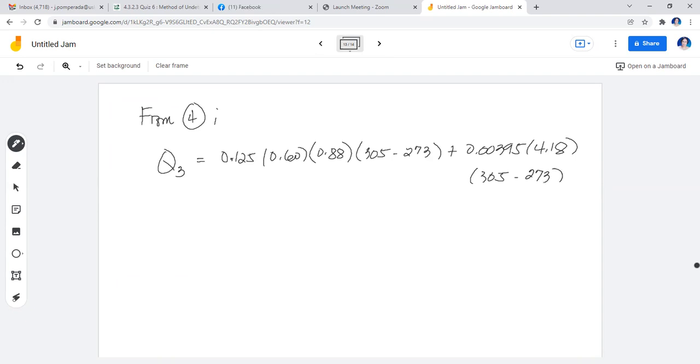So this is what I meant, class, that you can just have this added and then multiply the sum of the two by the difference of these two temperatures, because we're still using the same difference temperature. So in here, you'll have 2.59.